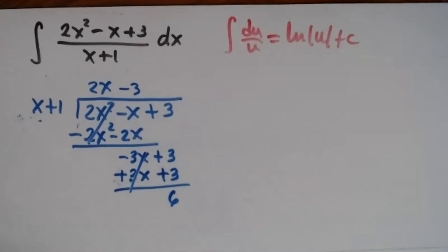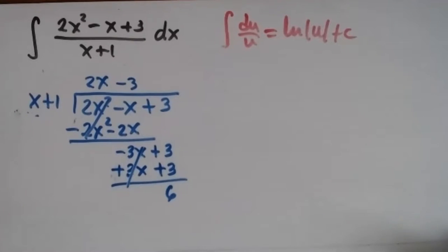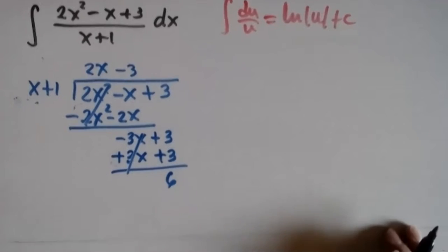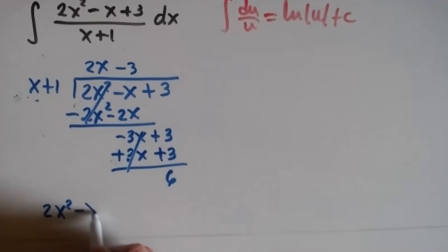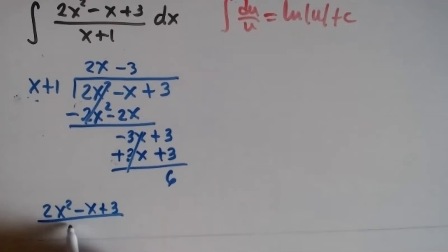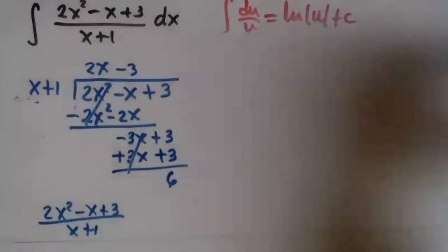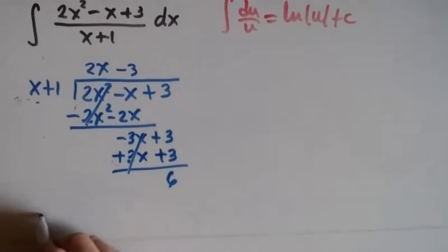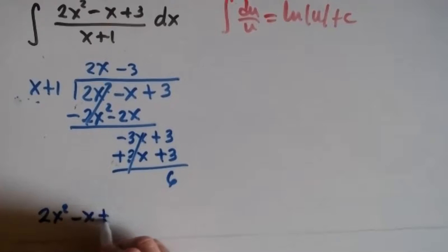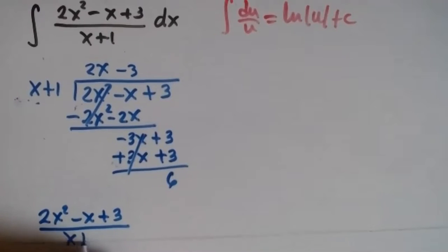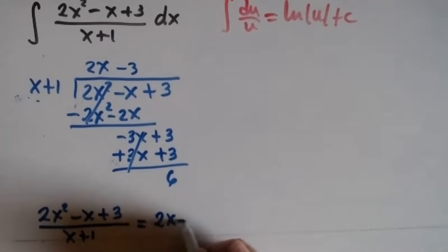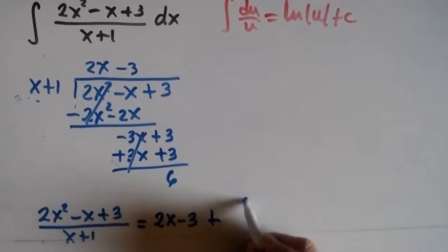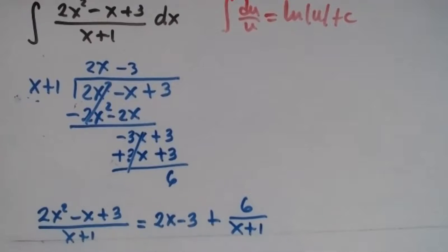So after this long division, we got that this expression, 2x squared minus x plus 3 over x plus 1, let me just do this again, 2x squared minus x plus 3 divided by x plus 1 is, remember what I did in the division with numbers, 2x minus 3 plus 6 over x plus 1.